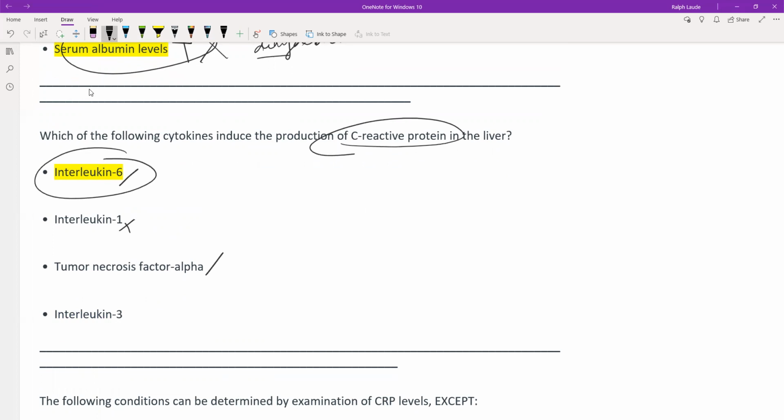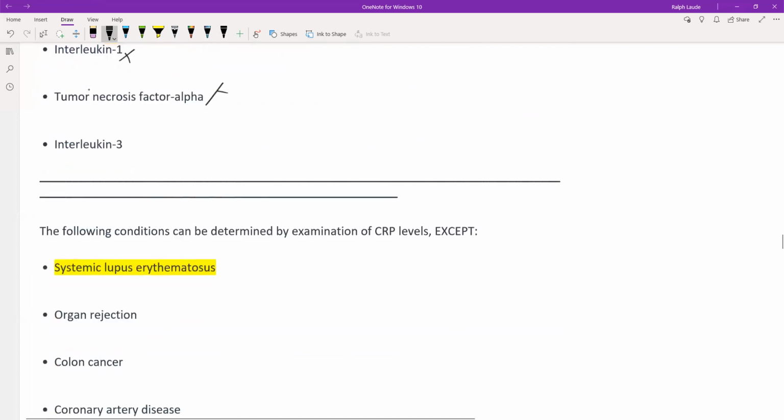So interleukin 1 and TNF, and also interleukin 6, could also lead to the release of other acute phase reactants. You have ceruloplasmin, fibrinogen, mannose binding protein. But for specifically CRP, it is reactive to interleukin 6 in the liver. What particular cell? That is in the hepatocytes.